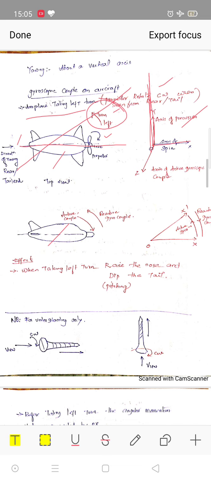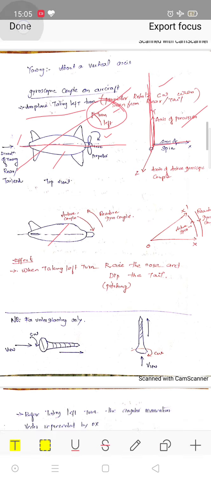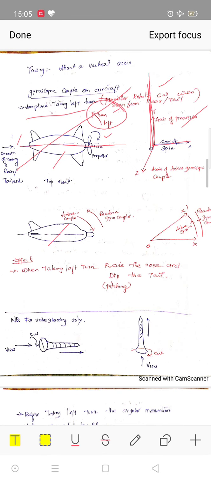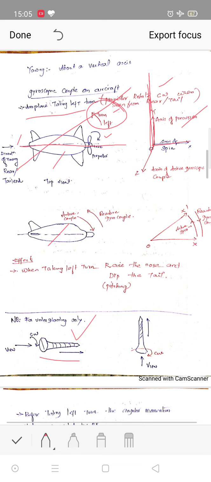So in order to obtain the direction of the angular momentum vector, let us consider a screw. I have placed the screw horizontally as shown here, and viewing from the left side, the propeller is rotating clockwise. So similarly, viewing from the left side, I am giving a clockwise rotation to the screw.